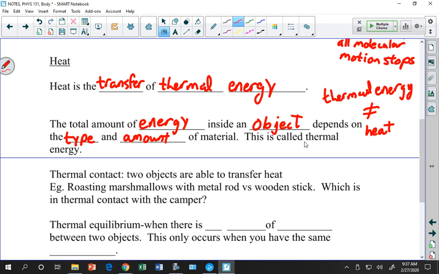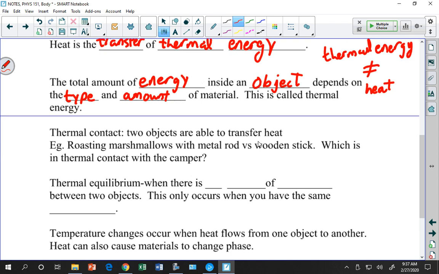If I'm going to have thermal contact, then two objects, thermal contact is just the ability to transfer heat. So I can have thermal contact in a couple of different ways. One, I can just touch an object. If I touch an object, then I'm in thermal contact. Like right now, there's energy flowing between my hand and the desk. Which way is the energy flowing, by the way?